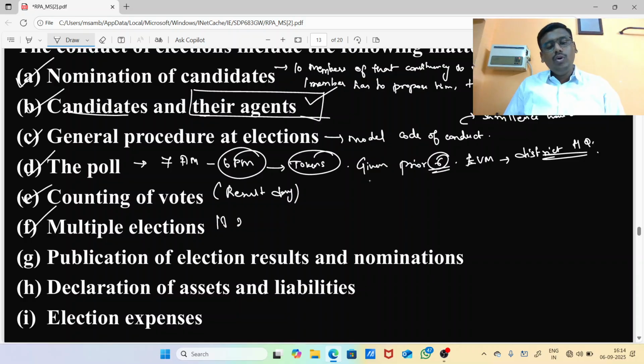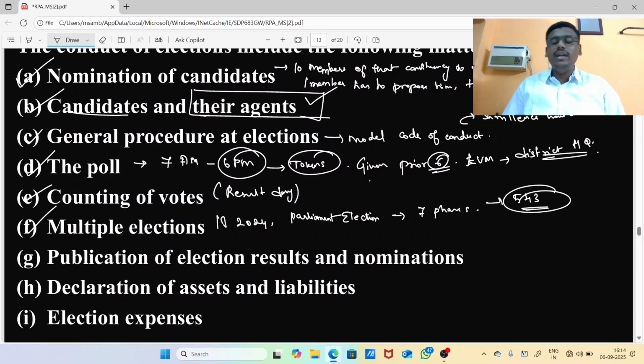In 2024, the parliamentary election was held in 7 phases. We conducted election for 543 constituencies all over India, but it took 7 phases because of population, because of administrative machineries, etc.